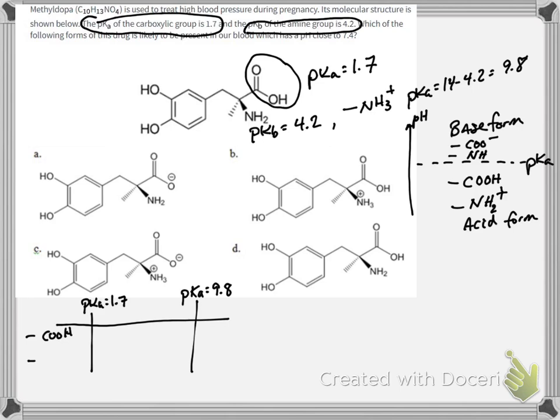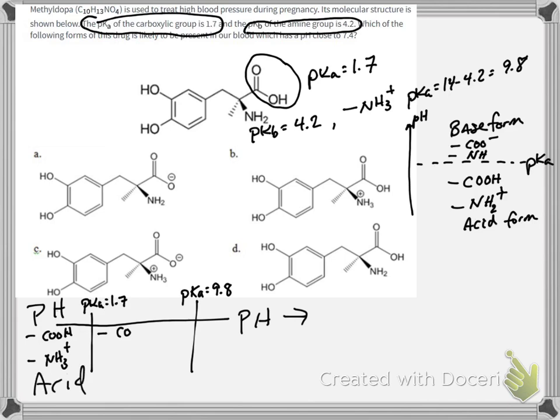So a pH below 1.7 will be in both acid forms. Remember, this is a pH line, and pH is going this way. So when pH is below 1.7, acid form.